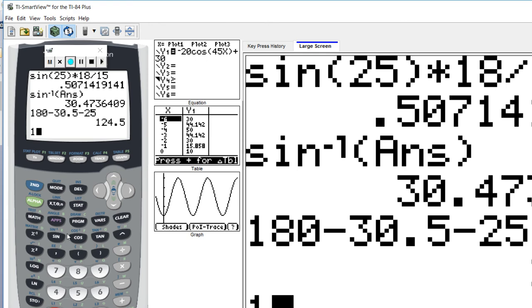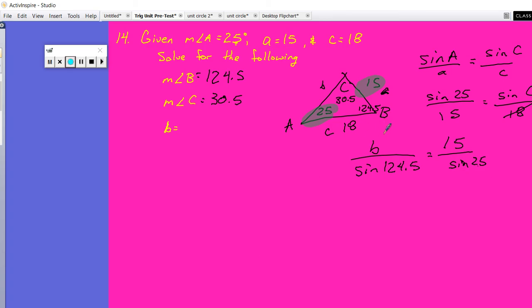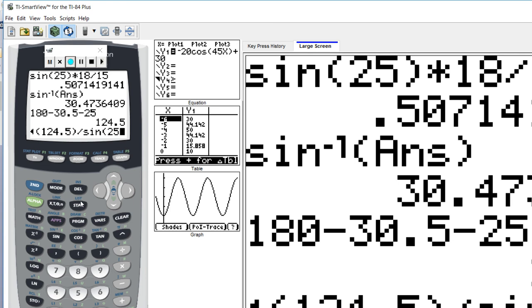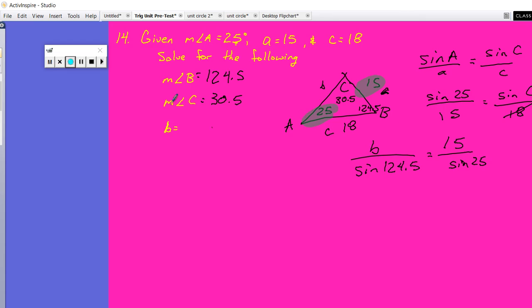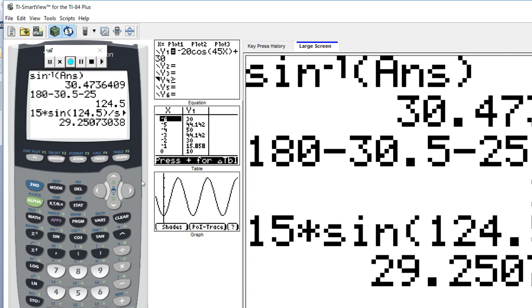So 15 times the sine of 124.5, and I'm going to close my parenthesis, divided by the sine of 25, because that was the divide right here. Close my parenthesis and hit enter. And it says my side is 29.3, because that's a 5, I round the tenths up. So little b is 29.3.